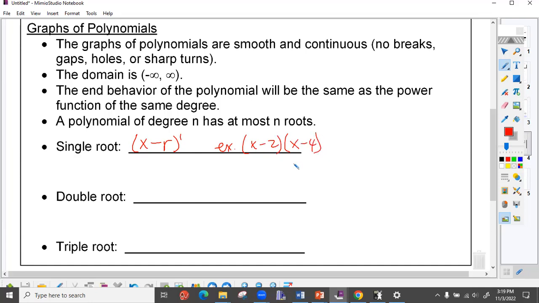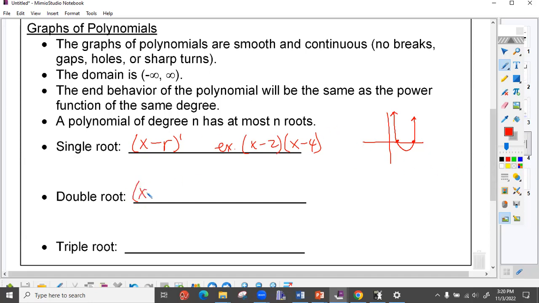These are single roots. Why? Because what are the powers on them? 1. So graphically, what's going to happen is your graph is going to cross at those roots, right? It crosses at 2 and it crosses at 4. That's what happens with a single root. It's going to cross.